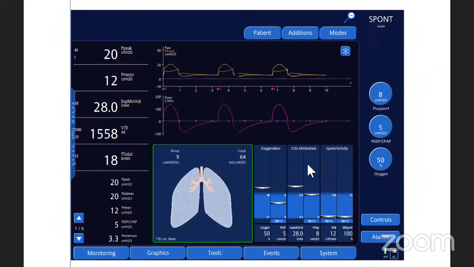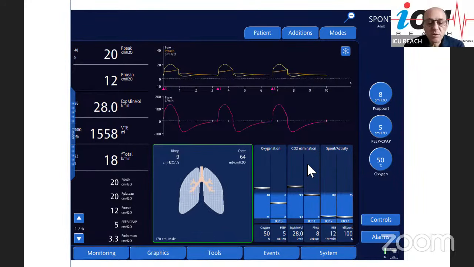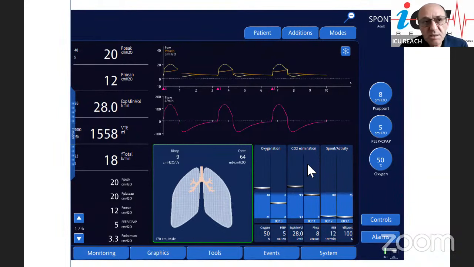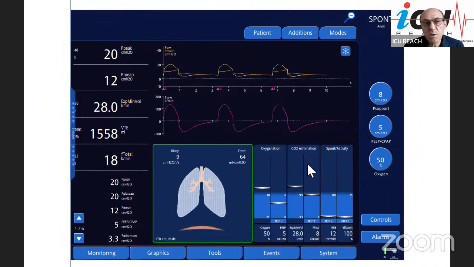Correct. So that's why I mentioned in the beginning that I'm not going to present the studies that looked at outcome. There are no solid studies that show me that if you do not use ATC, your weaning process is going to be much more prolonged. There are some studies showing some benefits of ATC.